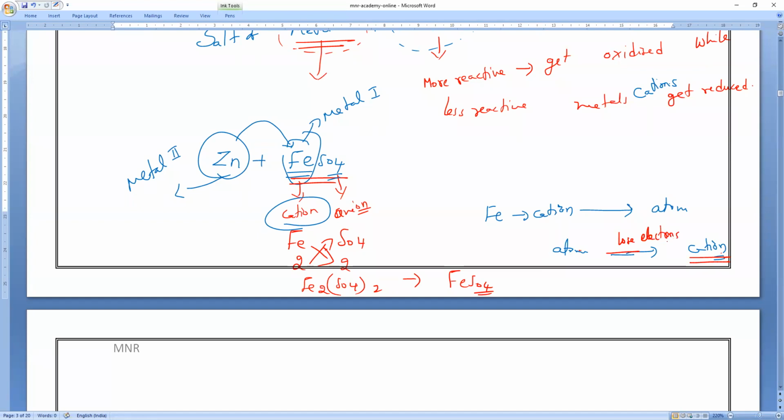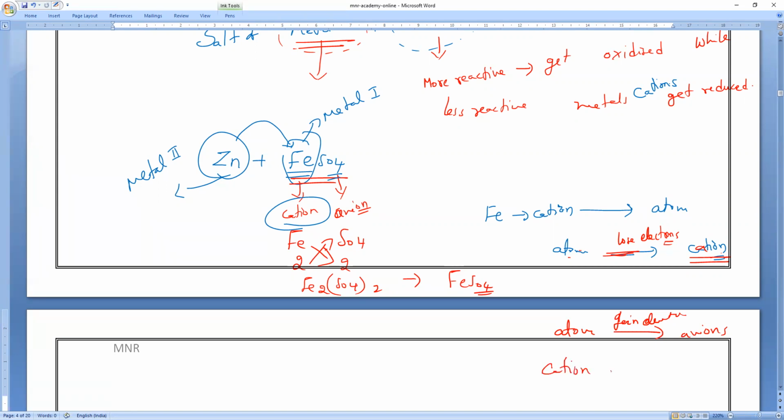Now, in the same way, an atom turns into an anion by gain of electrons or loss of electrons? Gain of electrons.